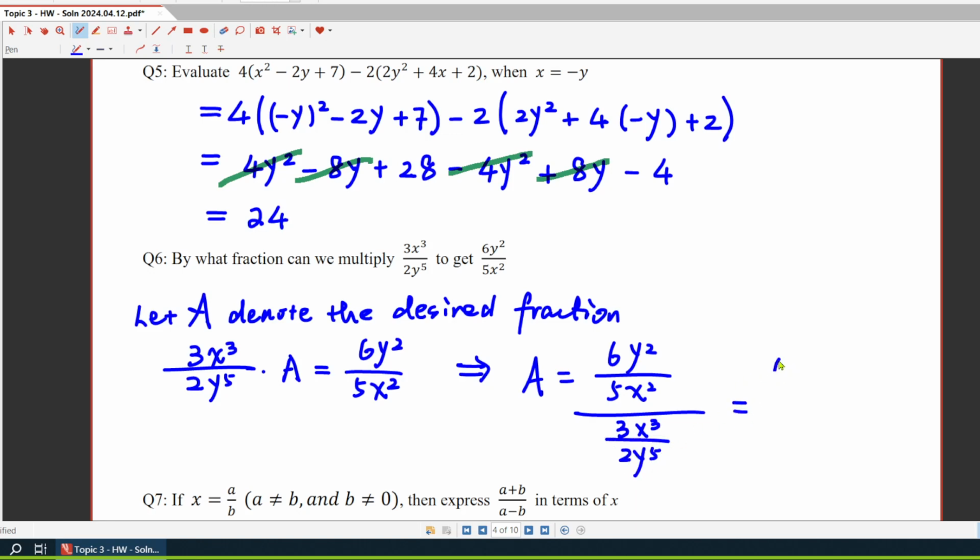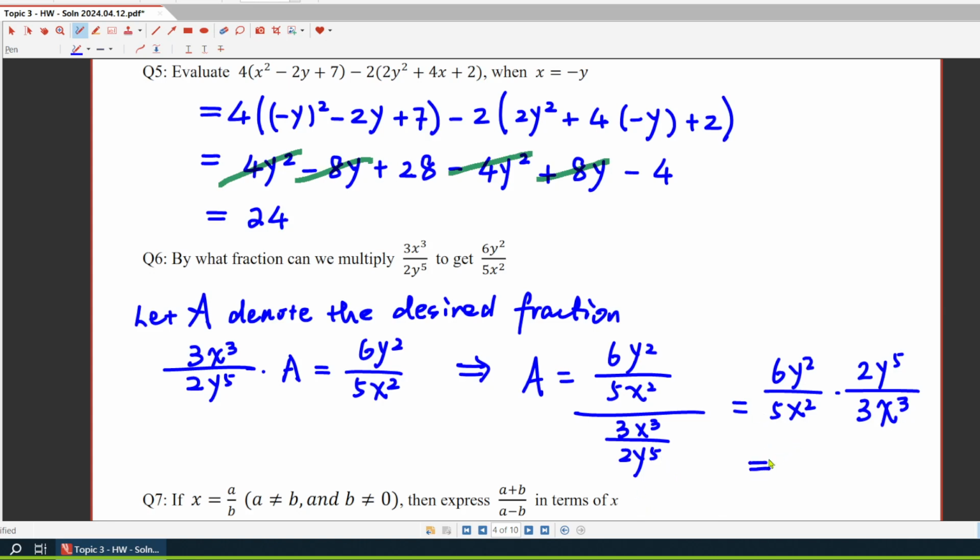And this equals 6y squared over 5x squared. Remember, if you divide by some fraction, that equals multiplying by the reciprocal of that expression. So that is equivalent to multiplying by the reciprocal of that expression, which is 2y to the power 5 over 3x cubed, right?